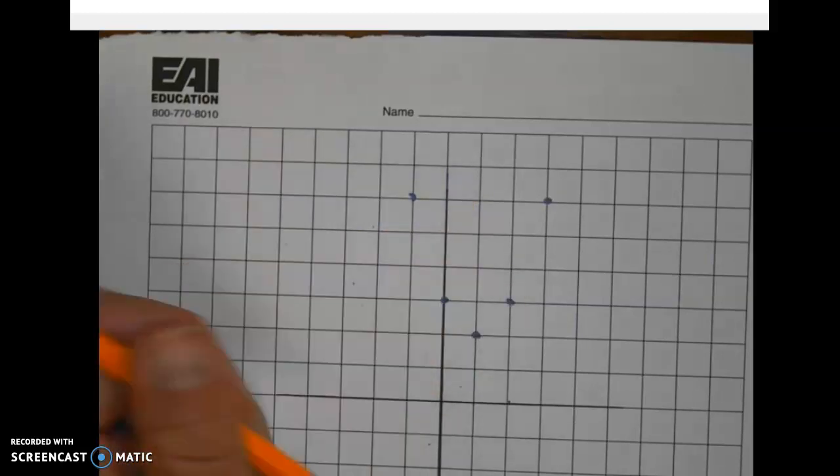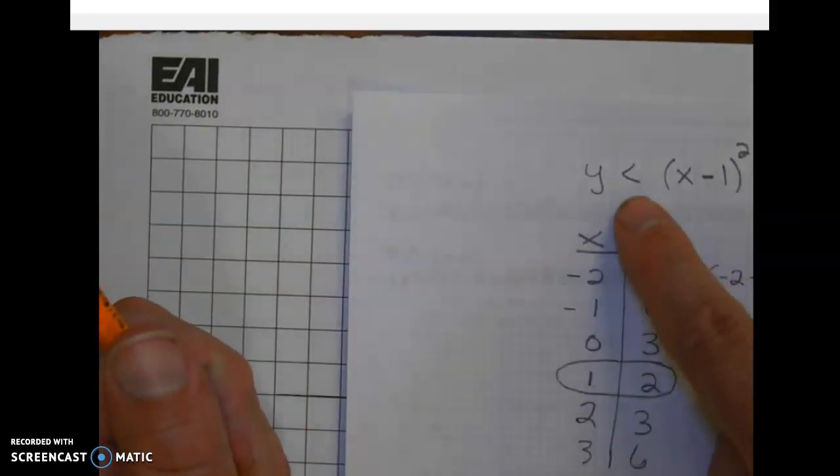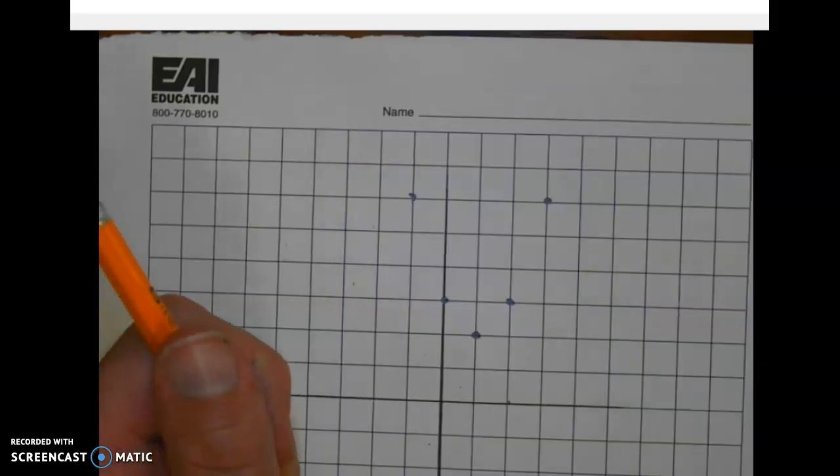Okay, so before I connect these dots, recall from my video that when there's no equal sign, we have to make it a dashed line.